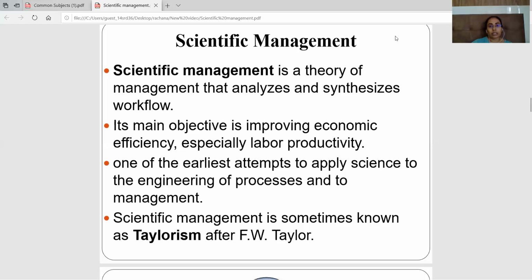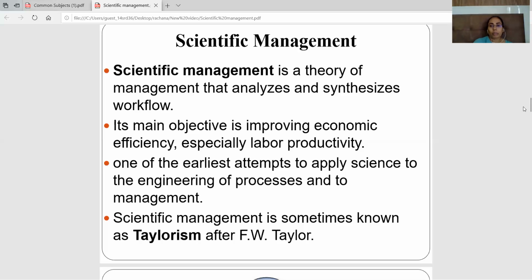That is why it is called scientific management theory, because scientific rules and principles are applied for improving the productivity of human beings in an organization. Scientific management is sometimes known as Taylorism, after the 14 principles given by F.W. Taylor in the field of scientific management.